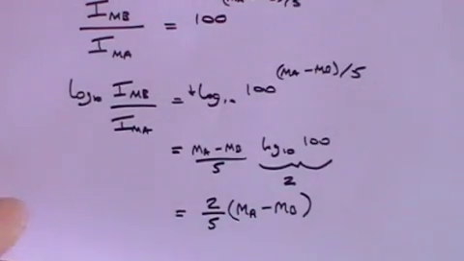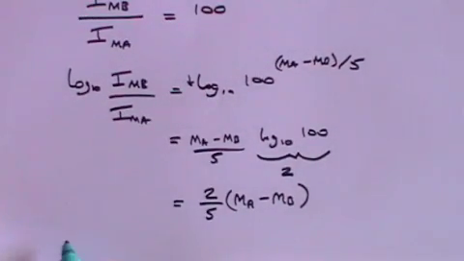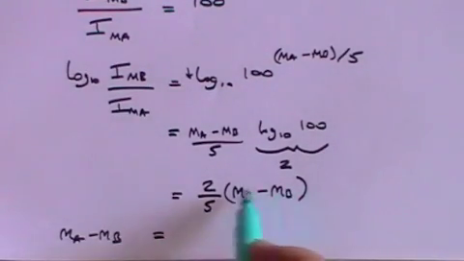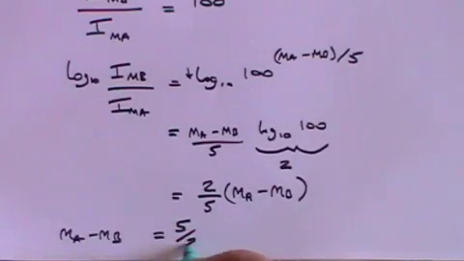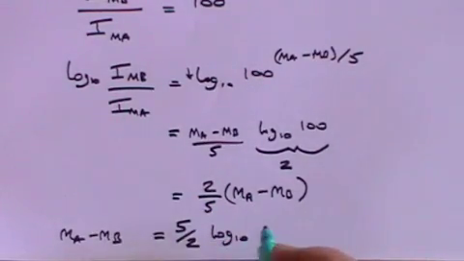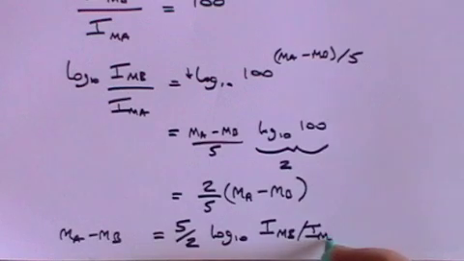And that means if you rearrange that equation, you've got that MA minus MB is equal to, bringing this to the other side, 5 over 2, because you reverse it when you take it to the other side, times the log to the base 10 of IB divided by IA.